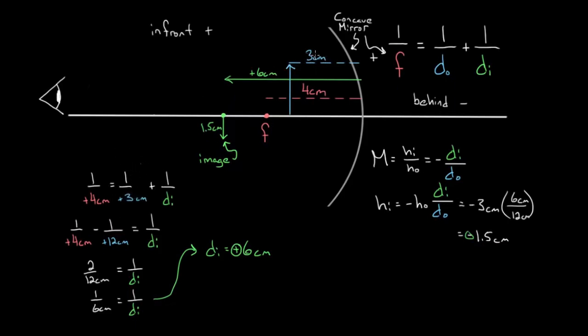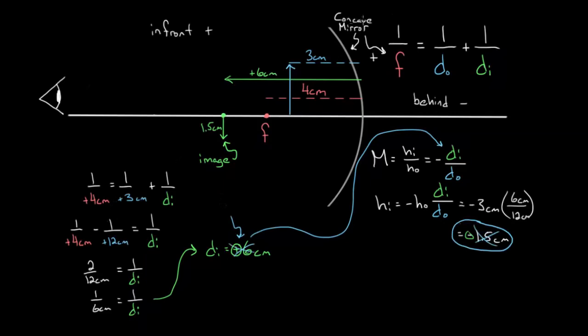You still plug in whatever that object distance is. You solve for your image distance, and of course we're going to get a different image distance, but whatever you get, that would tell you where the image is. Then you would plug it into the magnification equation if you wanted to decide how big the image is going to be and whether it's going to be right side up or upside down. So these numbers are going to be different, but you would use this equation the exact same way.